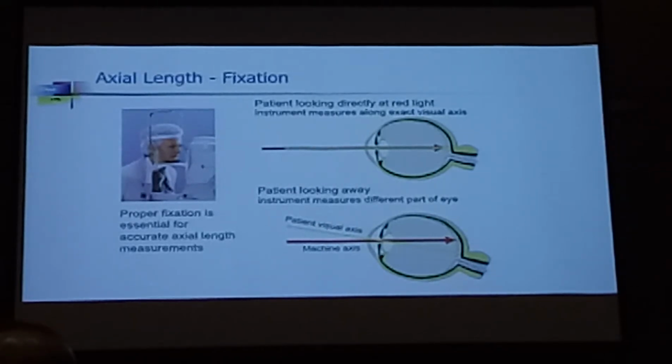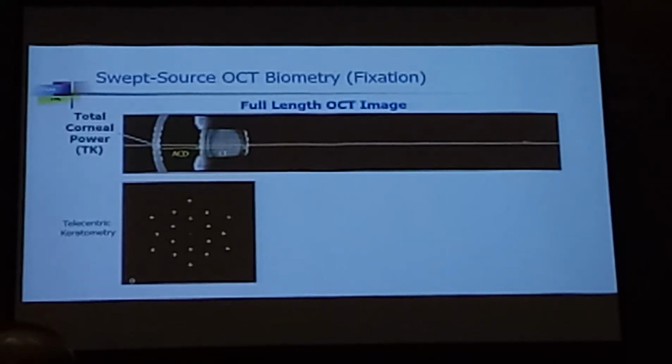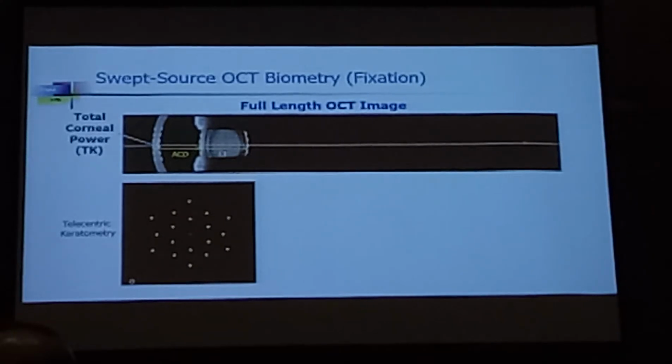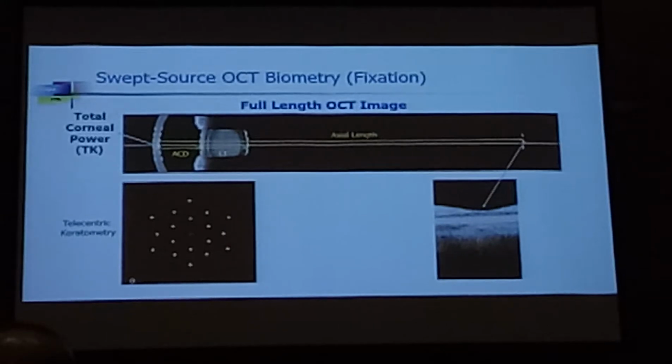Just ask the patient to look at the center of the light source. Sometimes the patient may not look at the light source, so you have to be a bit careful here. Swept source improves this further, because in swept source technology you can actually have a 1 mm scan of the fovea, and you can see the foveal peak.